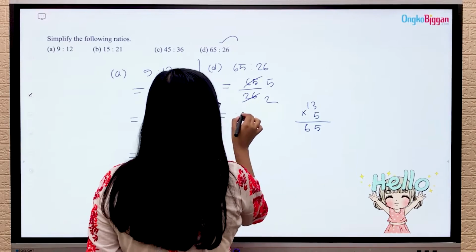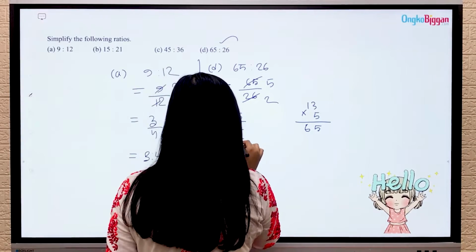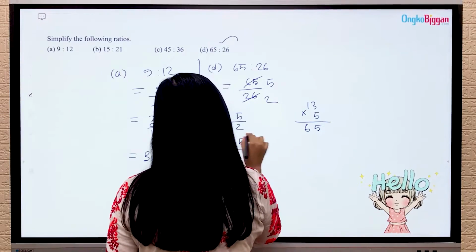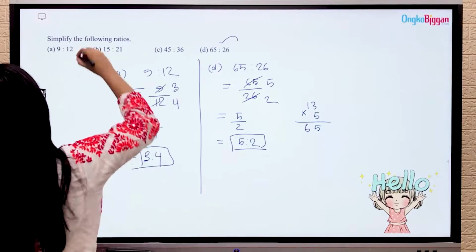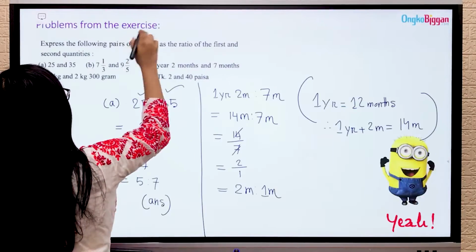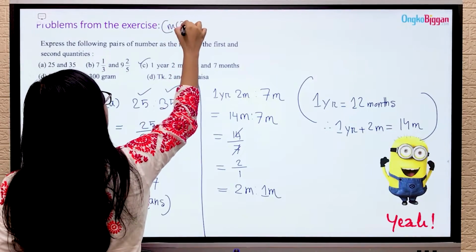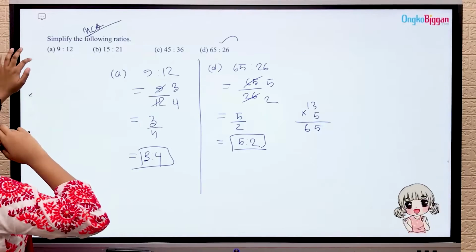So 5 by 2. So it will be 5 is to 2, and that's the simplified form. These types of math actually come for MCQ. So these are for MCQ. This type of math comes for MCQ. This will not come for CQ.